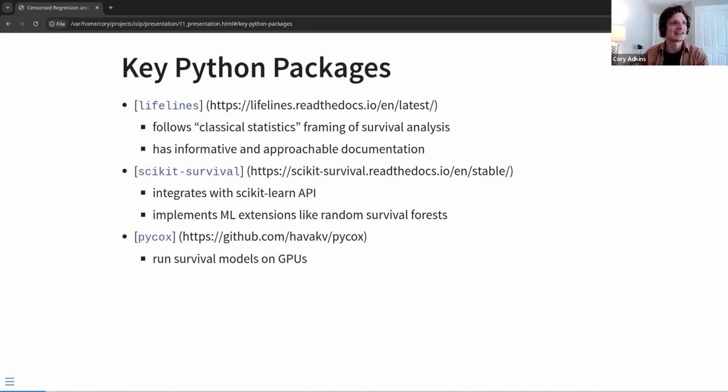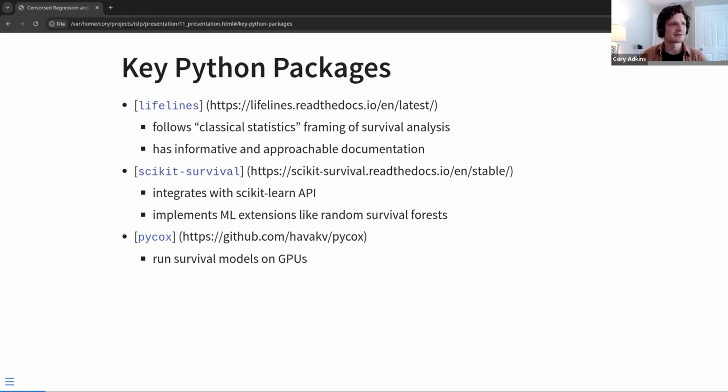The one that the book uses in its exercises is the lifelines package, whose API is conceptually modeled on the classical statistical approach to survival analysis, which is the approach the book takes. Having read this chapter, it will feel like the most intuitive and approachable. And the documentation is actually pretty good. I think it's worth looking through if you are curious about this.